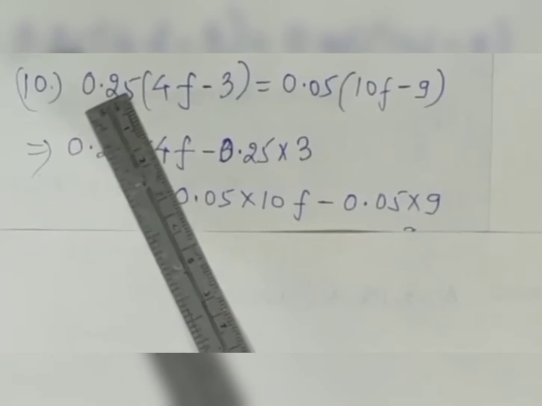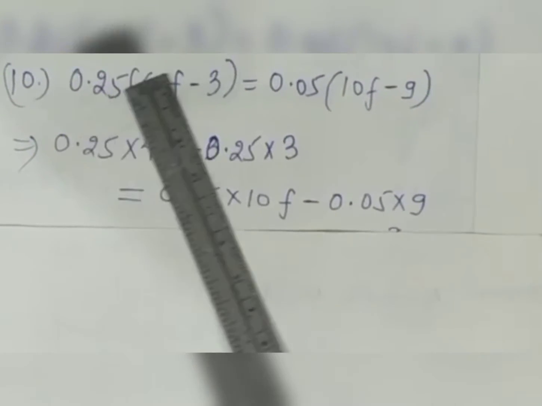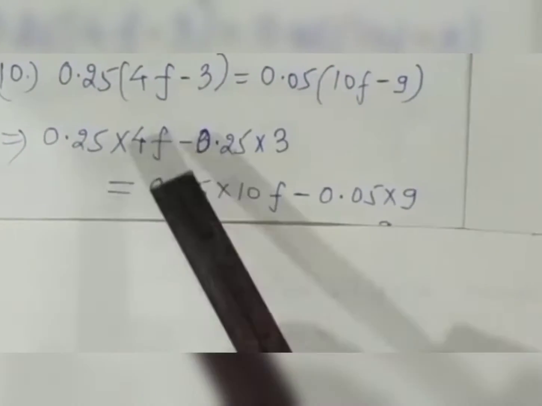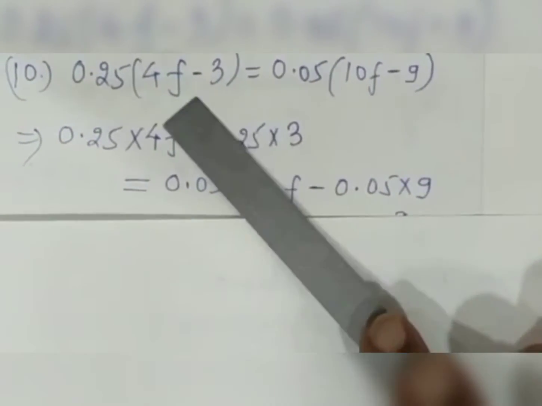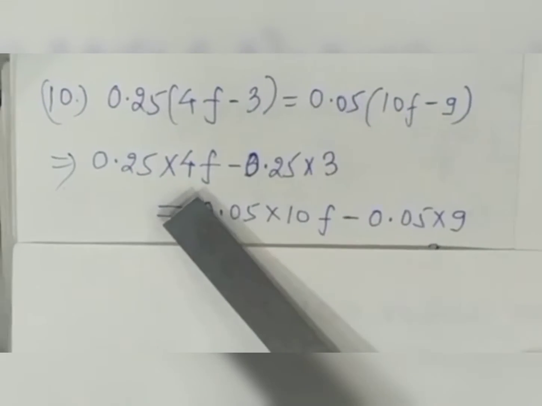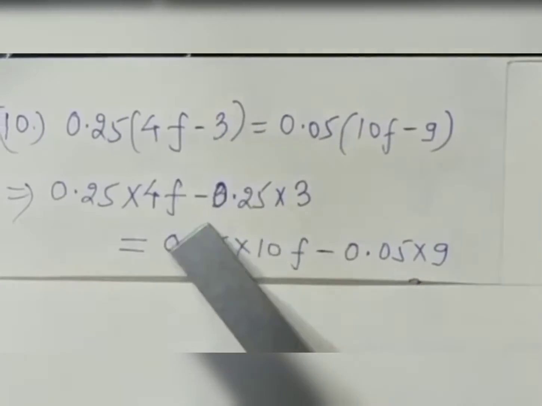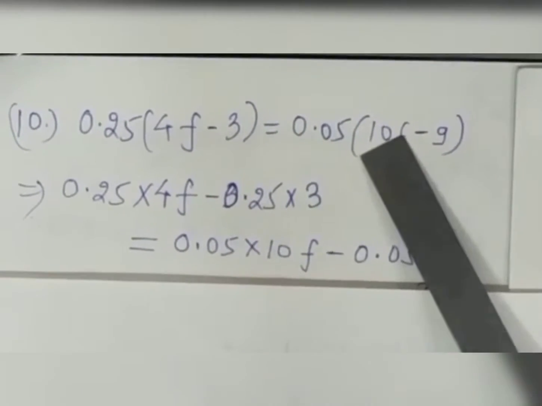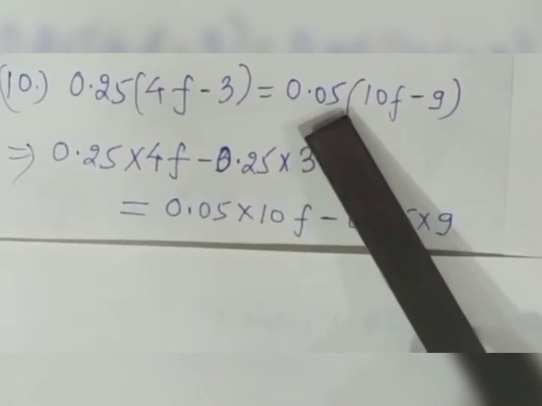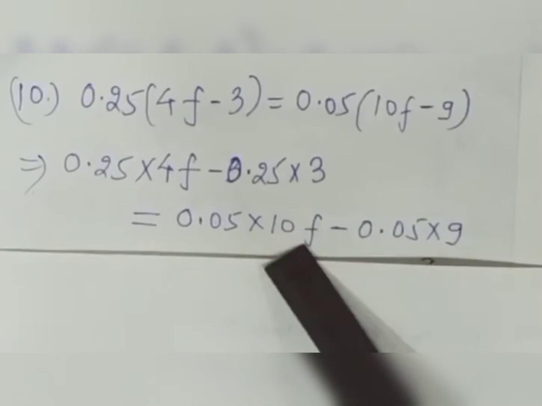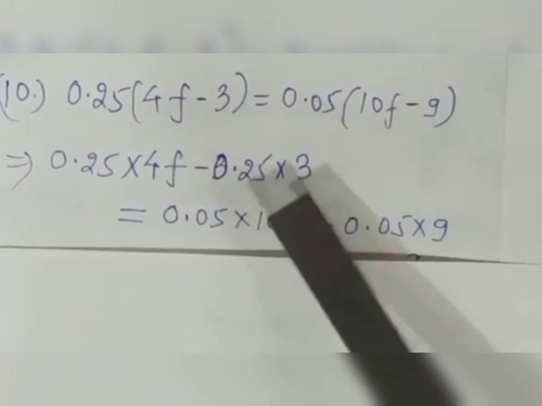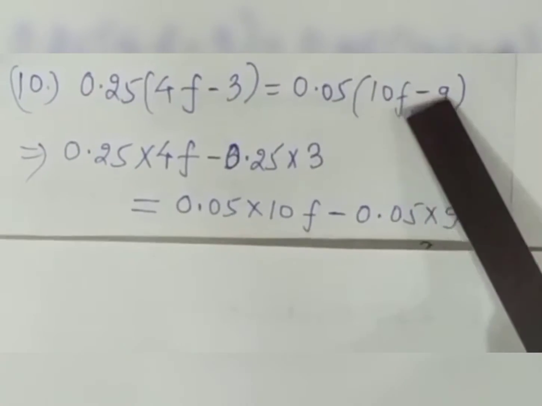But here the number is positive, so there is no change in the sign of the bracket number. So it becomes 0.25 into 3. Then right hand side 0.05 into 10f minus 0.05 into 9.